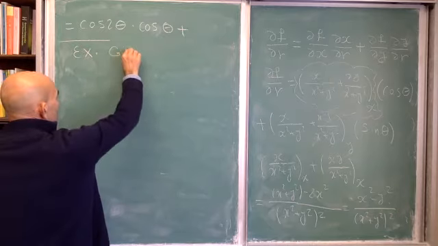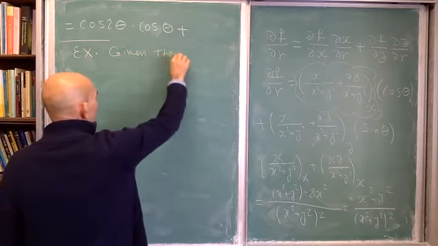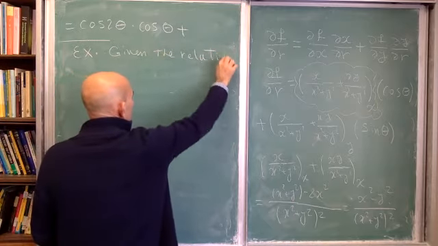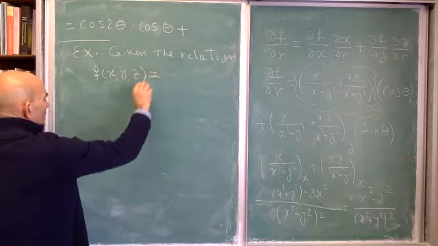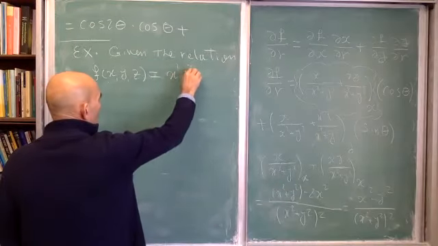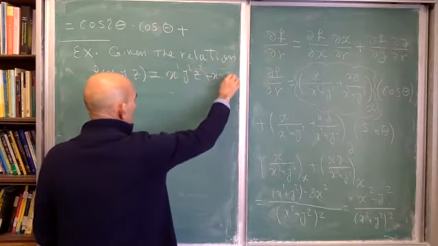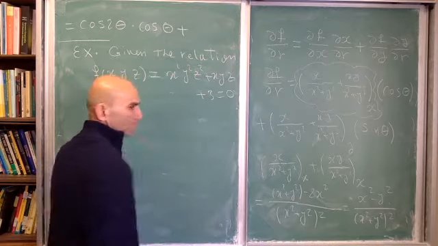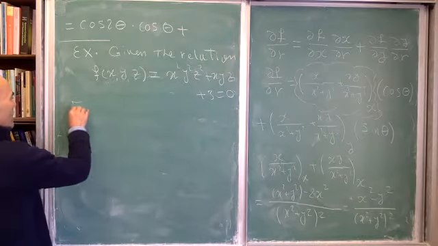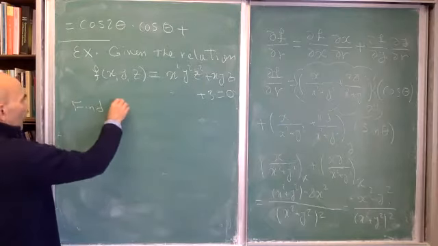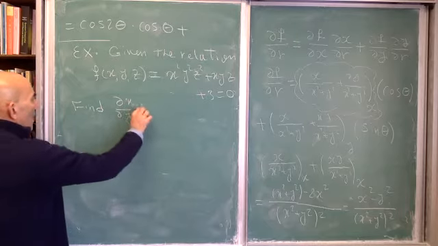Given the relation f of x, y, z equals x²y²z² plus xyz plus 3 equal to 0, given that this is equal to 0, the question is to find ∂z/∂x and ∂z/∂y.